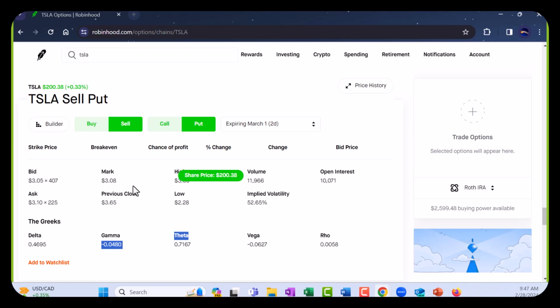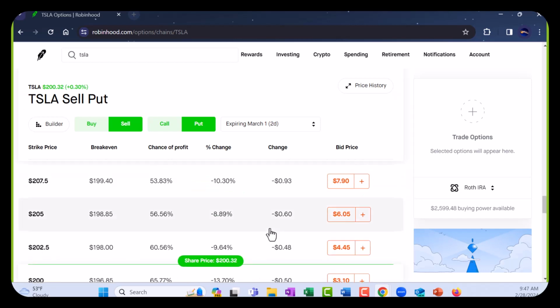By Friday morning, it would trade around a buck and a half less because there is time value in it. So you might as well use it since you're short these options. When you short an option, theta is your friend. And the higher the theta, the more money you make just by waiting if nothing happens to the stock, or as long as your option finishes out of money.